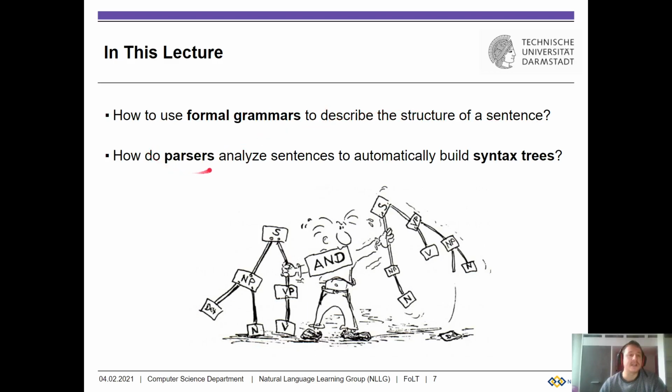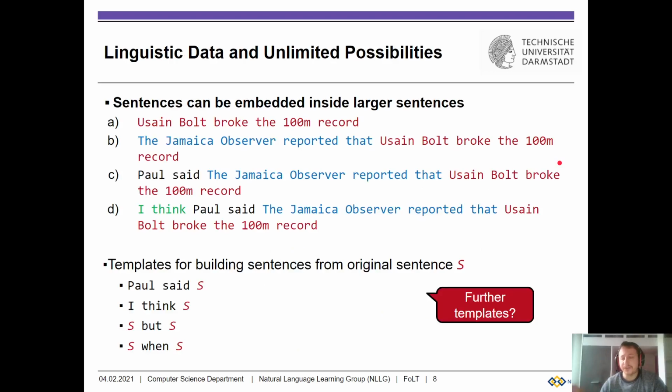And then secondly, how to develop computer science and NLP tools, which are called parsers, to automatically analyze sentences and build syntax trees.